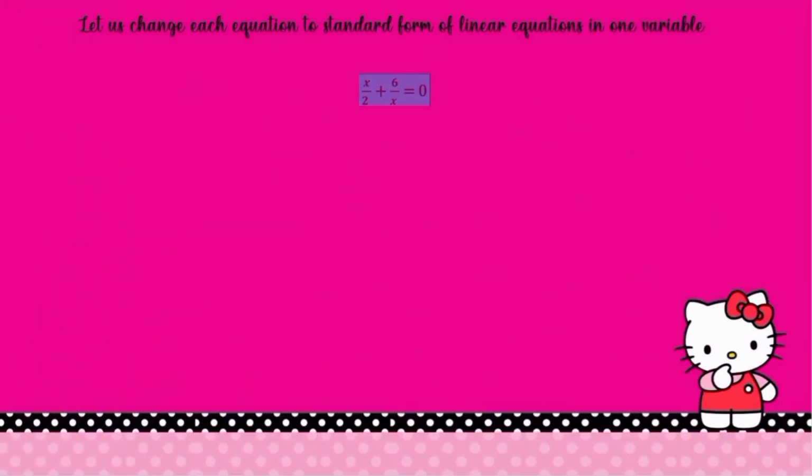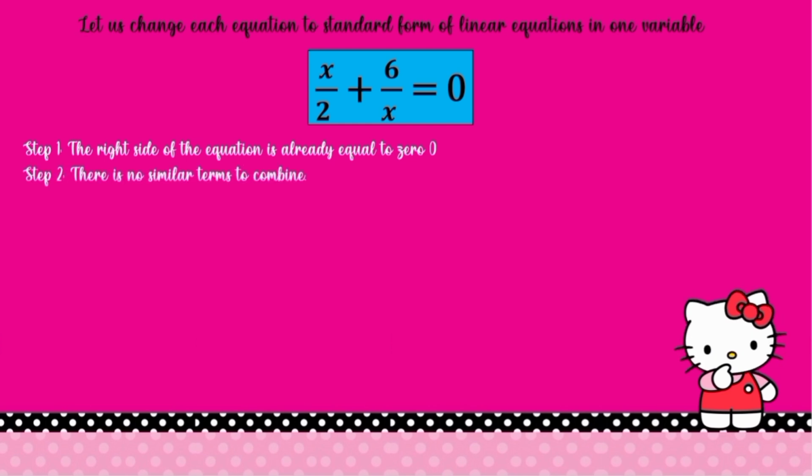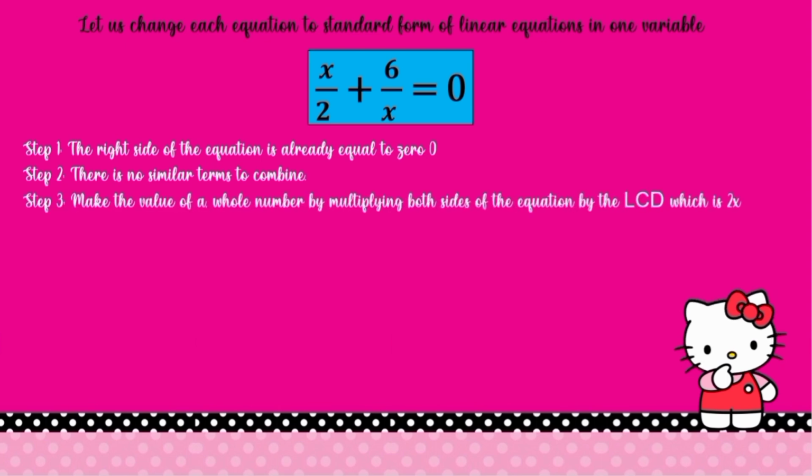Example number 4. We have x over 2 plus 6 over x is equal to 0. Step 1, the right side of the equation is already equal to 0. Step 2, there is no similar terms to combine. Step 3, make the value of a whole number by multiplying both sides of the equation by the LCD, which is 2x. Now let's apply the distributive property of multiplication or DPM.